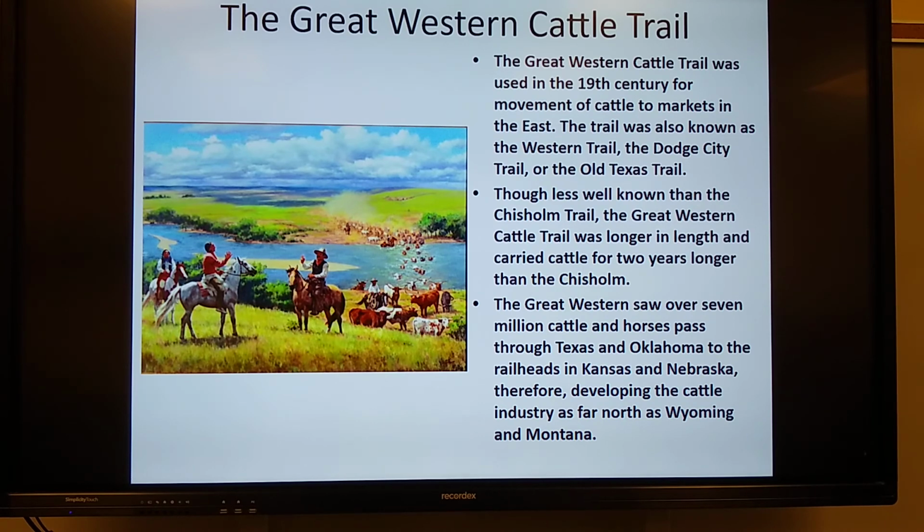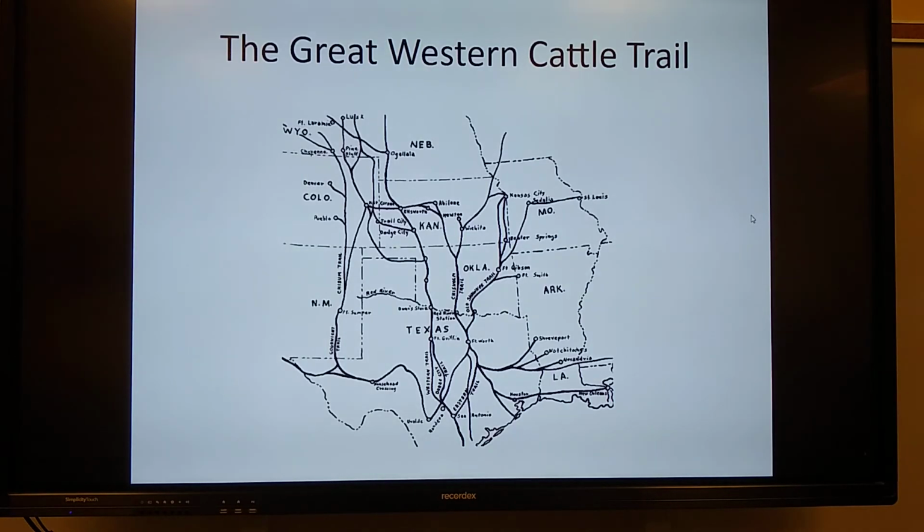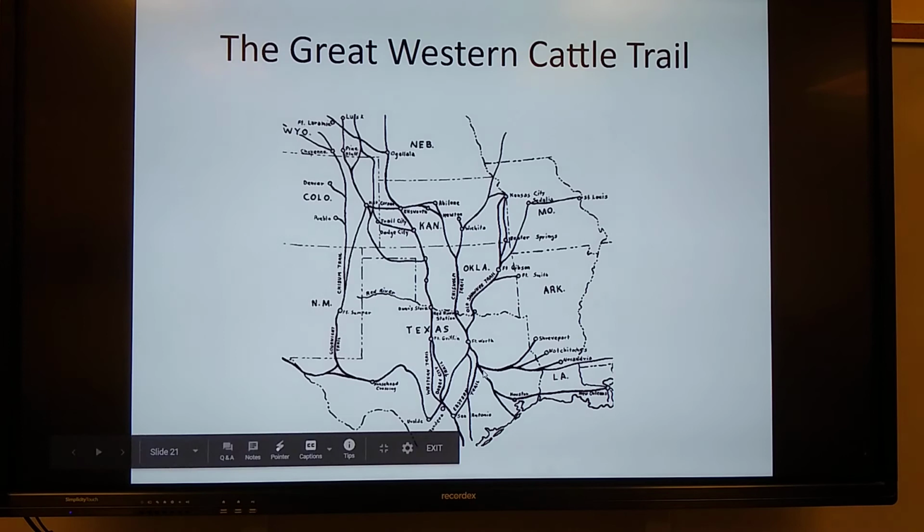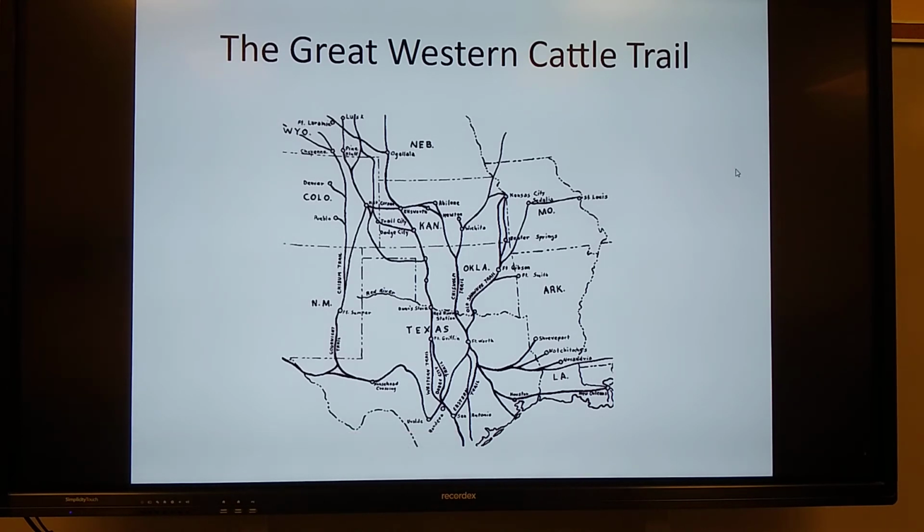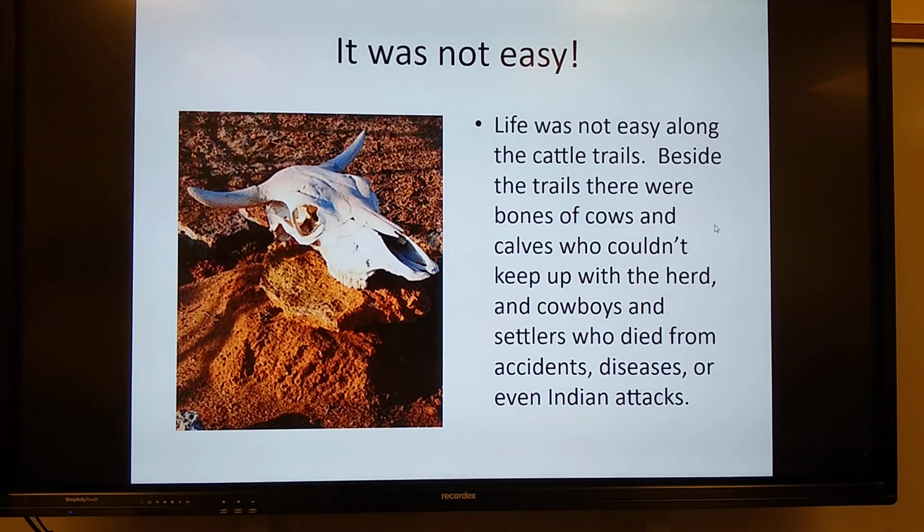The Great Western saw over 7 million cattle and horses pass through Texas and Oklahoma to the railheads in Kansas and Nebraska, therefore developing the cattle industry as far north as Wyoming and Montana. And all these little black lines is the Great Western Cattle Trail. It went to many different locations.